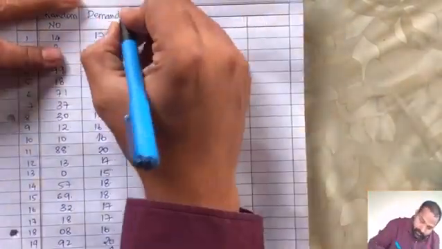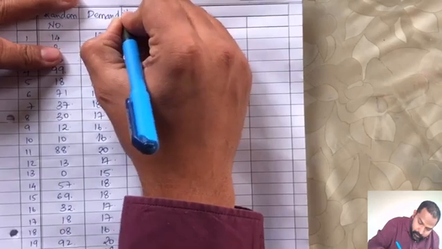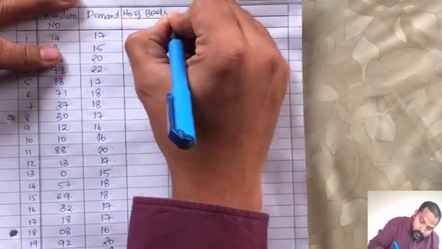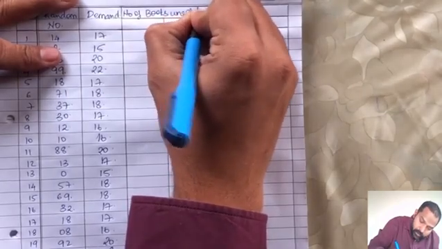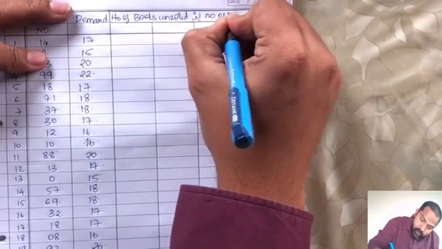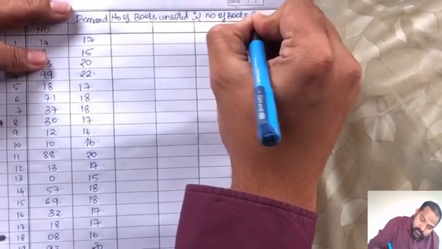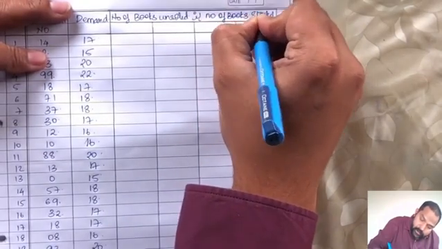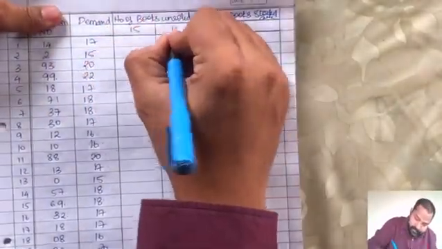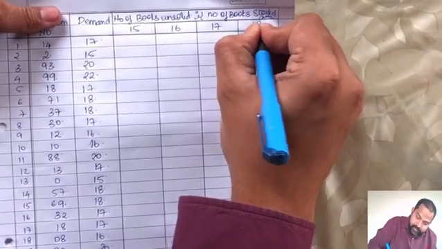So I'm going to say number of books unsold if number of books stocked are 15, 16, 17, 18.